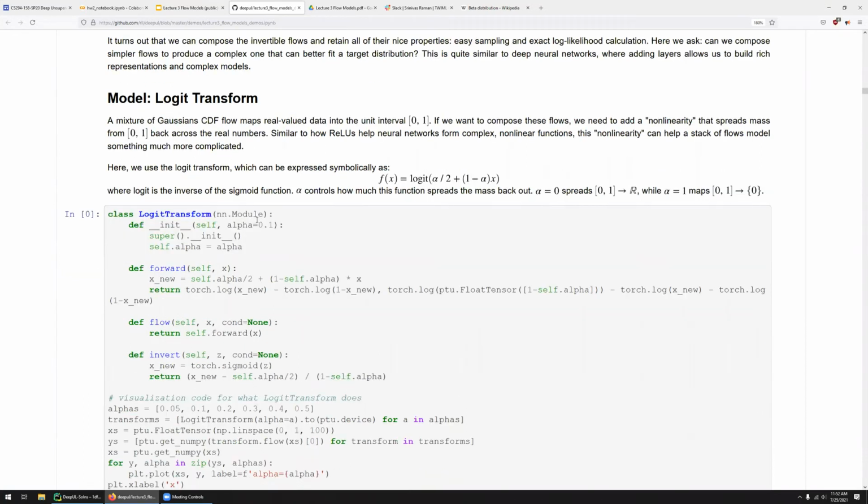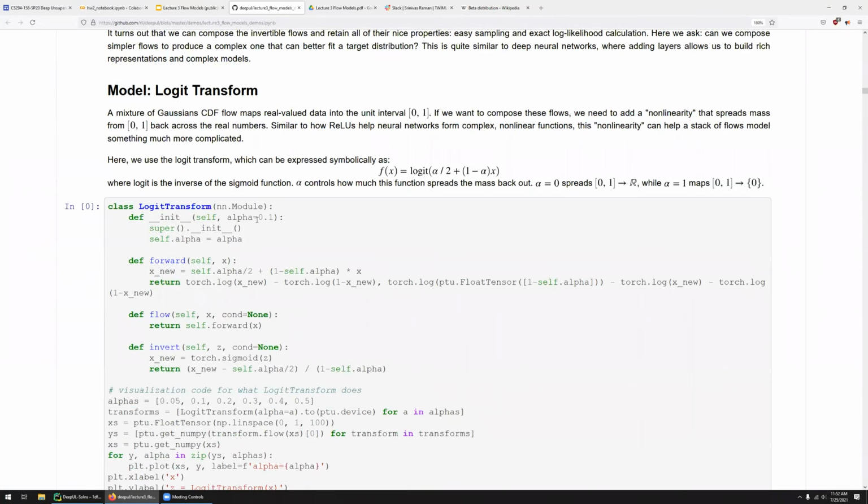Right. So that corresponds to trying to explain your confusion. You should ignore the multitude of things that is shown, because in the first example, he was just using a single step to go from X to Z. Whereas now we'll begin to go through multiple steps, but each of the steps will be an invertible flow model.